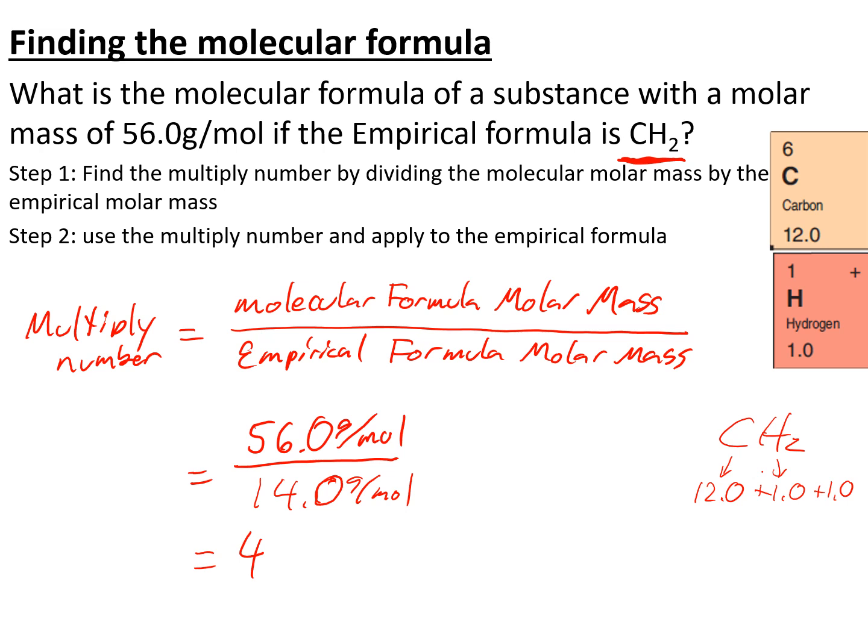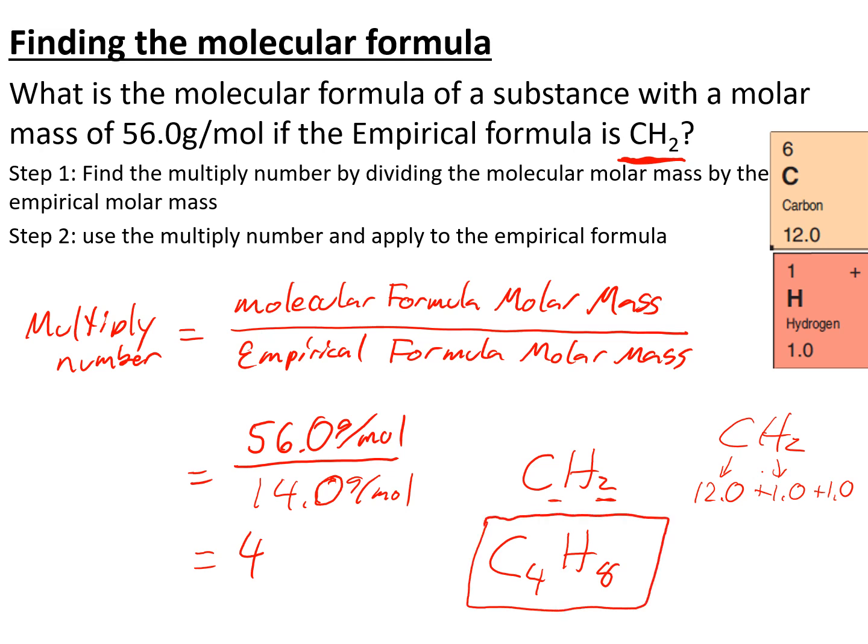So that's good. And then all we have to do is take our empirical formula, which is CH2, and multiply each of the elements by 4. So there's only 1 C right there, so we write C4. And then H has 2, so 2 times 4 is 8, H8.